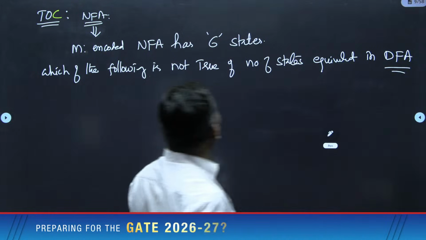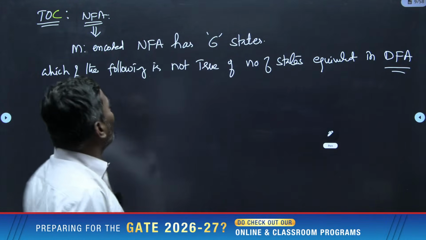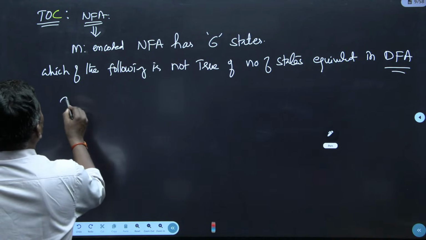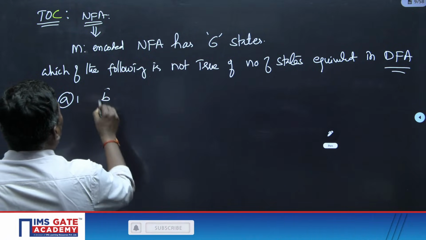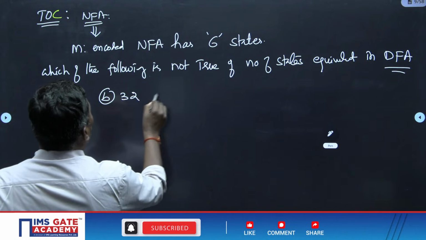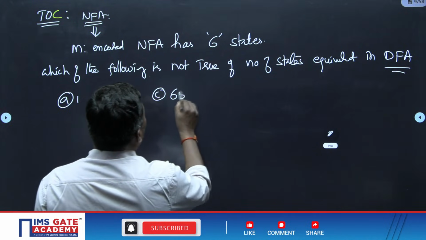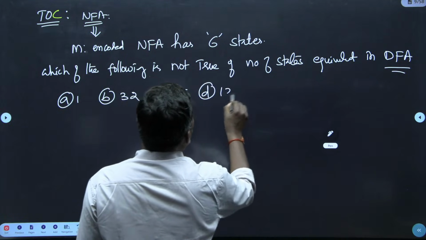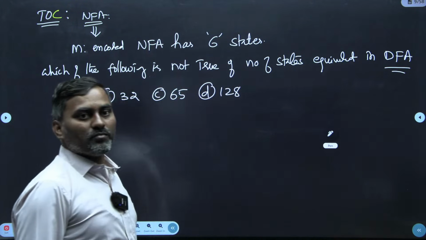Simply they are asking the number of states in the DFA when I convert the NFA into a DFA. Options are given like this: option A is 1, option B 32, option C 65, option D is 128.